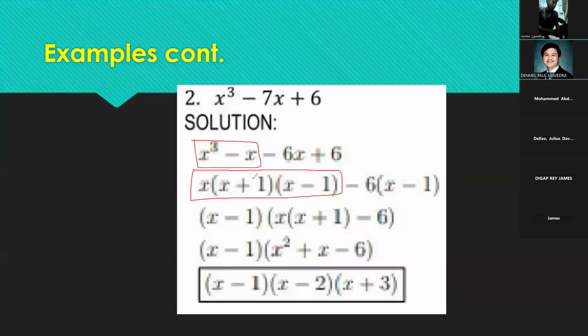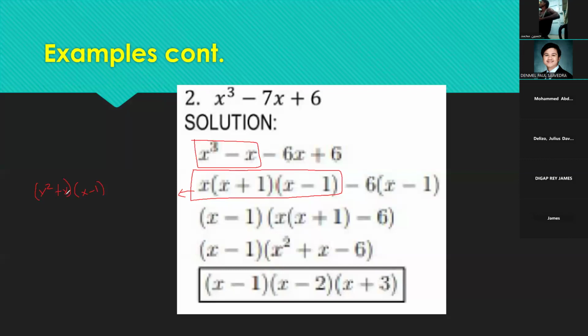So to verify, let's check. x times x is x squared, and then x times 1 is x. Retaining the x minus 1.